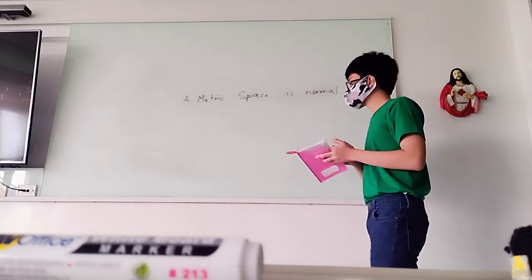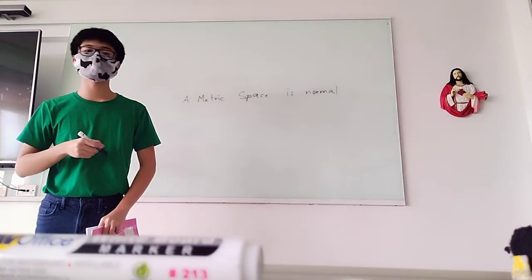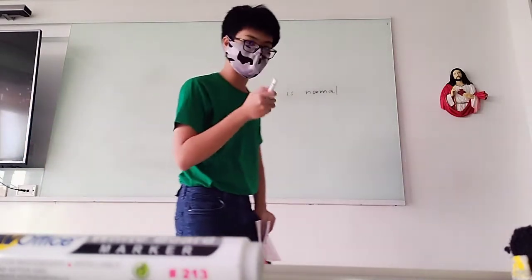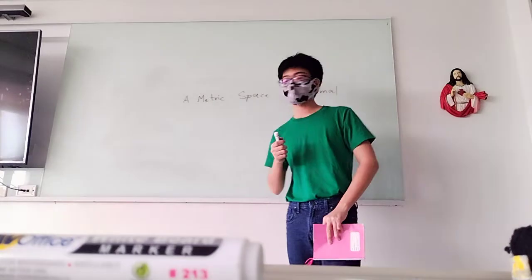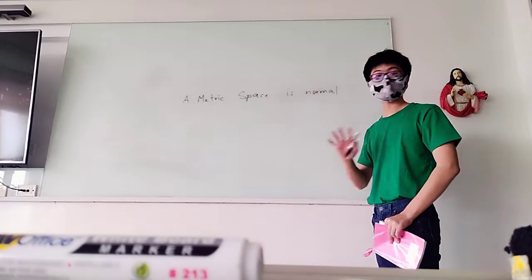So the thing is, when you want to say that a metric space is normal, you need to specify the parts that are open, because usually when we have a topological space, we don't assume anything yet.